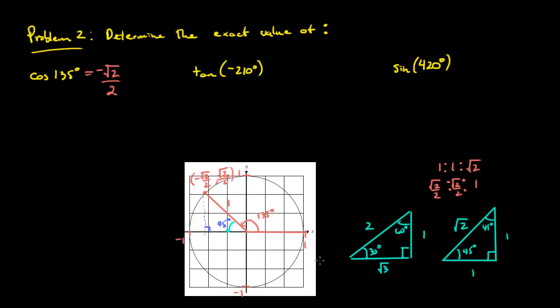So recall that in this quadrant, only the cosine is going to be positive. In this quadrant, all of the trigonometric ratios are positive. In this quadrant, only the sine is positive, and in this quadrant, only the tangent ratio is positive. And that forms the CAST rule. And that's based on the signs of the x and the y values in those given quadrants.